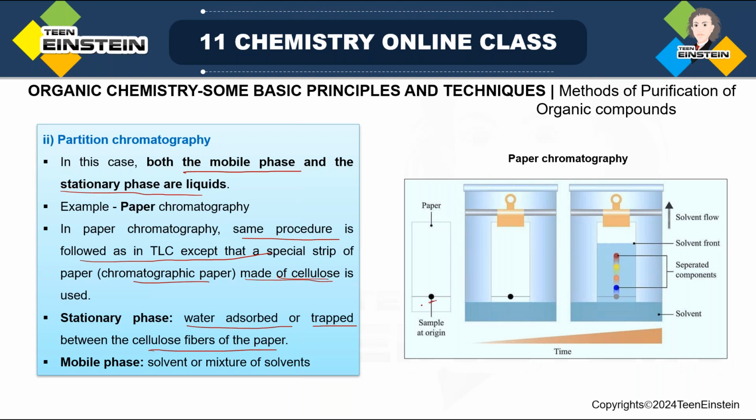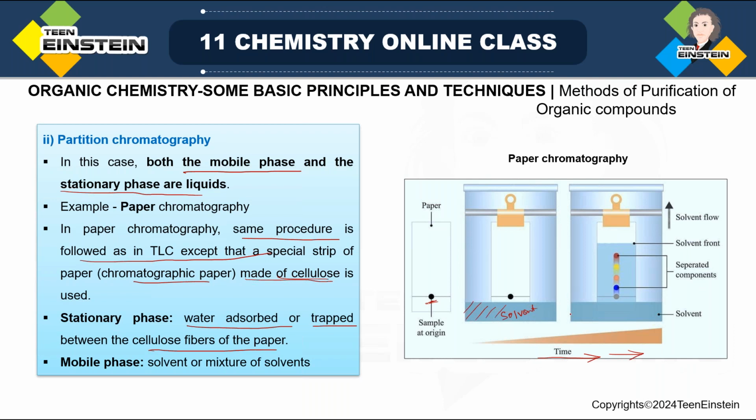So we have placed the spot of the sample here. That is the origin of the spot. Now you have dipped it in some solvent. So this is the solvent, the mobile phase, this part. And this is the paper where the stationary phase is already present, which is water. Now with the passage of time, what will happen?